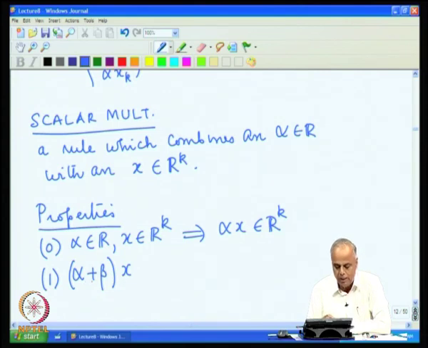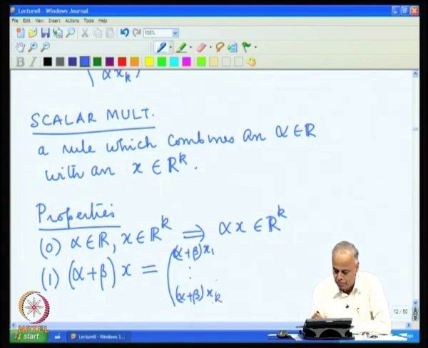This is a real number, this is an element in RK. When you combine, you must get an element in RK. How does that look? The rule of combination is alpha plus beta into x1, every entry must be multiplied by that scalar.